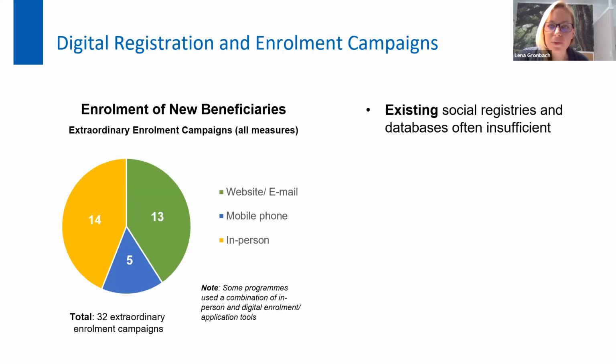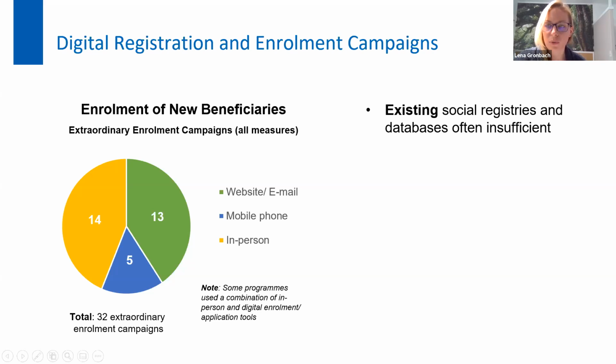So as we know, in sub-Saharan Africa more generally, social registries aren't very widespread, and even existing databases are often not necessarily updated or complete. So to reach out to informal workers, unemployed individuals, people not captured by existing systems, you can't usually rely on existing data.